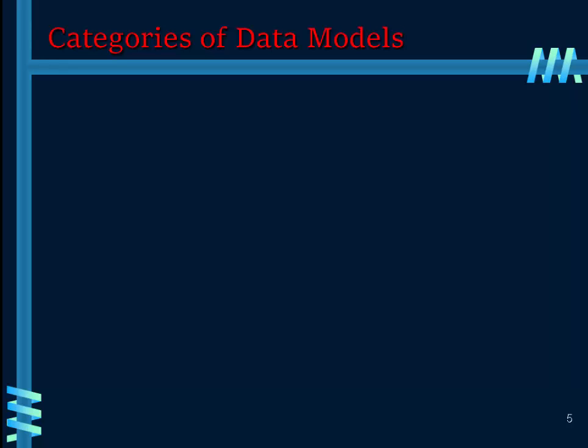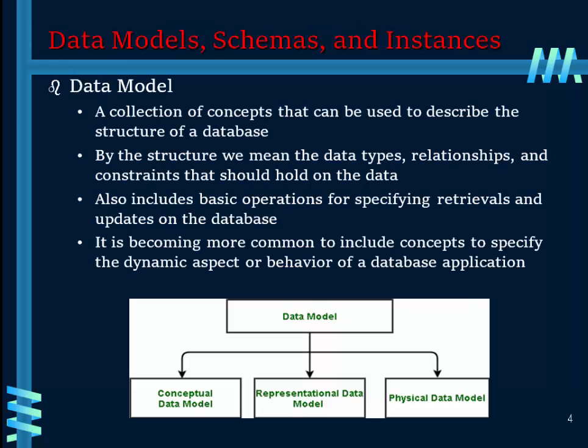Okay. So here we are categorizing the data models as I showed in the below figure, that is conceptual data model, representation data model and physical data model. Here conceptual data model is also called a high level data model.